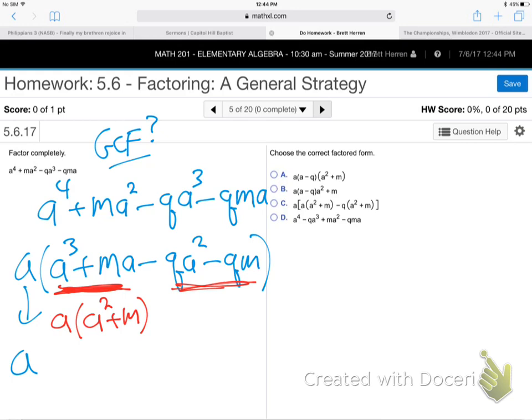What does that mean when I get the first parenthesis in a 2-2 split? It's going to match, right? The second parenthesis is going to be A squared plus M also. They got to, right? Everybody getting the hang of this? We're doing 4 terms, 2-2 split. When you get the parentheses on the first two, the parentheses on the back two is the same. And then you just gotta figure out what goes in the front. What times a squared will go back to minus qa squared? Minus q. Right?